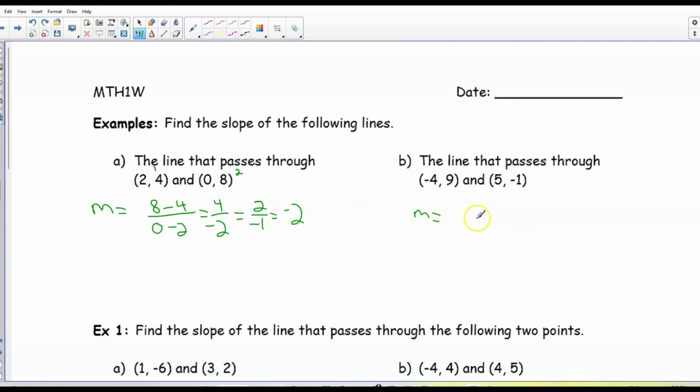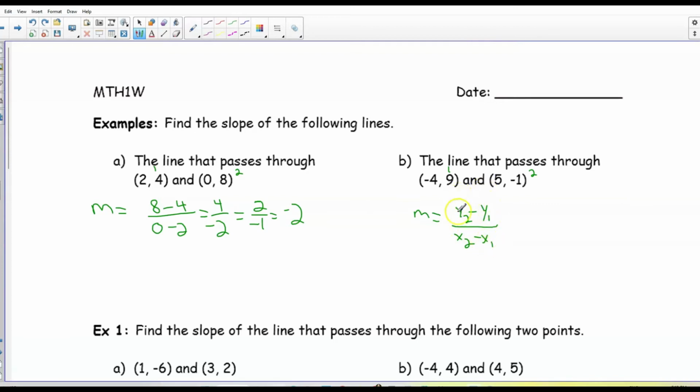So here we're going to say, well, this is point 2. This is point 1. So I'm going to do my formula here just to remind us, y2 minus y1 over x2 minus x1. And then we've got to make sure we keep these in the same order, right?